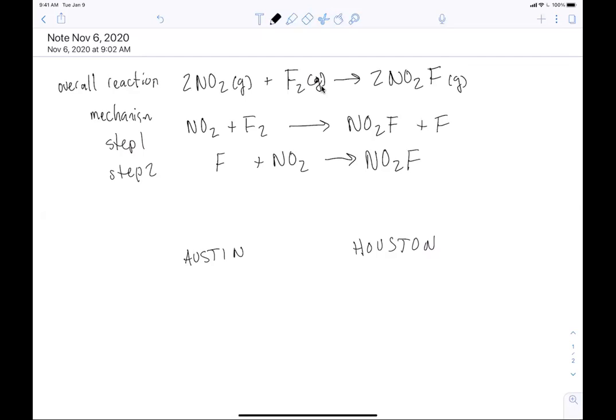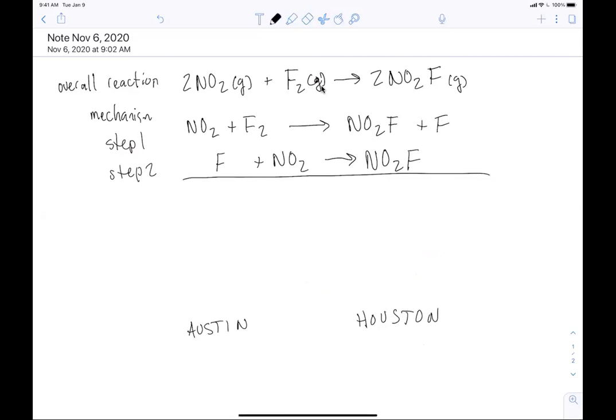If you add these steps up, just like when we did Hess's law in thermodynamics, you can sum these things up and they cancel out. Things on the product side will cancel out with things on the reactant side, just like in algebra.